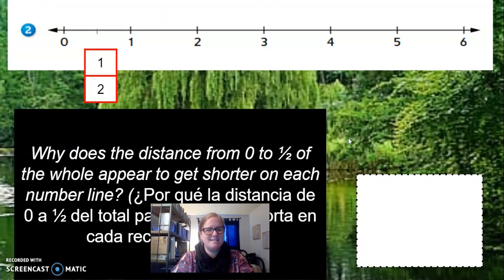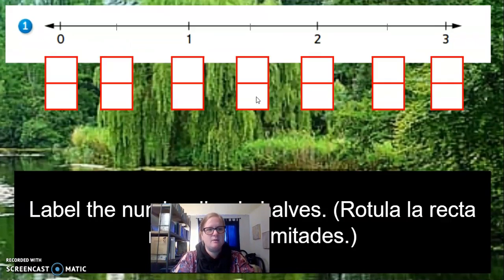Why does the distance from 0 to half of the whole appear to get shorter on each number line? So when you're looking here, we have 0 to 1, and here's our half right there, okay? How is that different when we're looking at this one? 0 to 1, that would be half. So that looks very different from there.